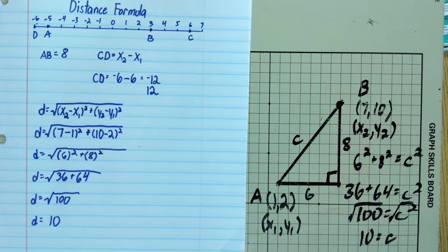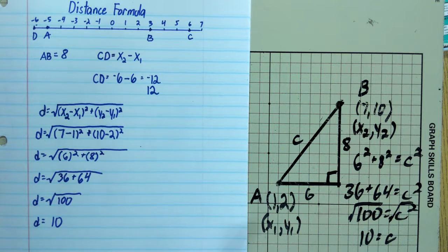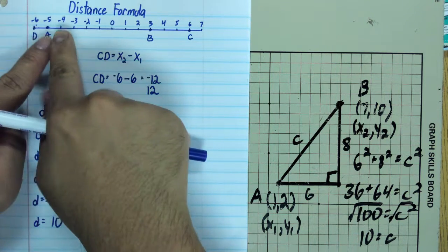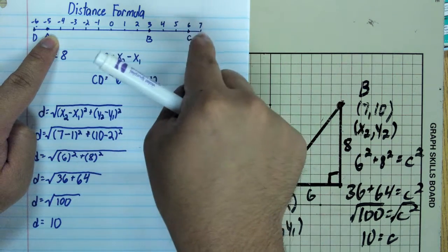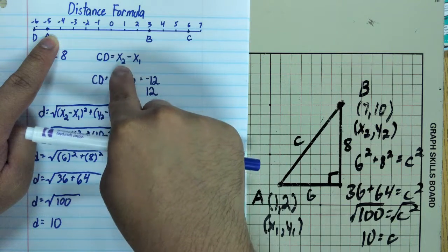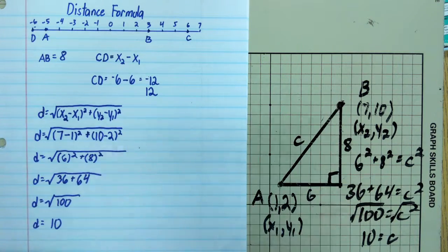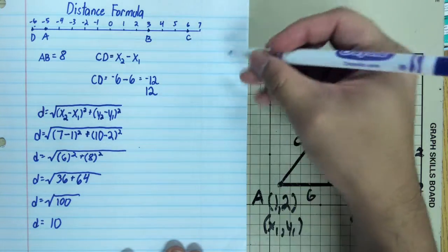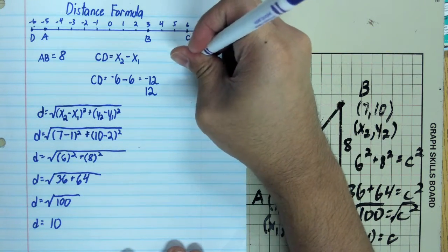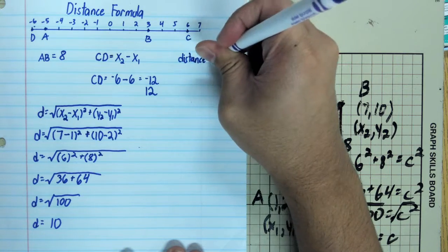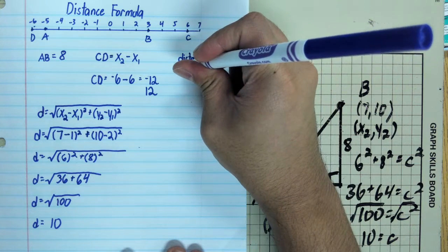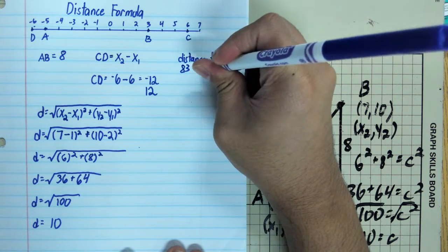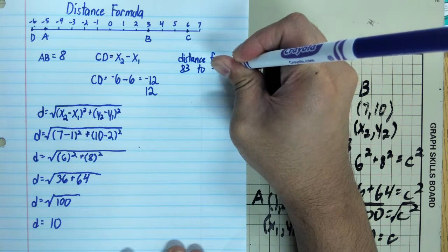Right? So, two key things that I showed right here. One, when I'm talking about the distance between two numbers, you subtract the second number, x2, minus the first number. For example, if I am looking for distance, how far apart from, and I'm just making numbers up here, 83 to negative 29.